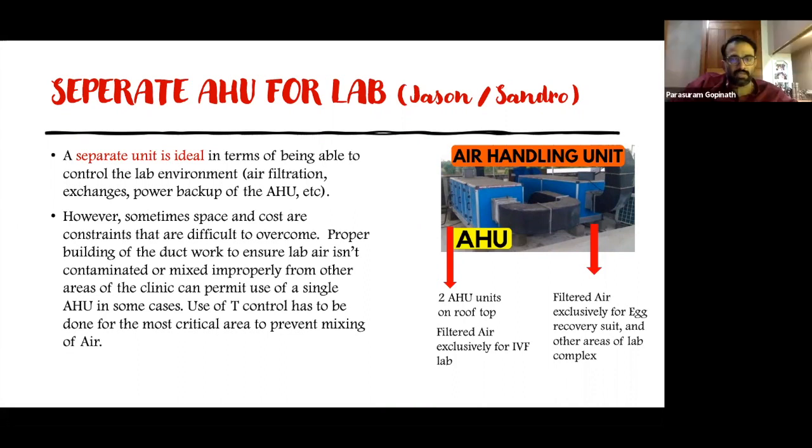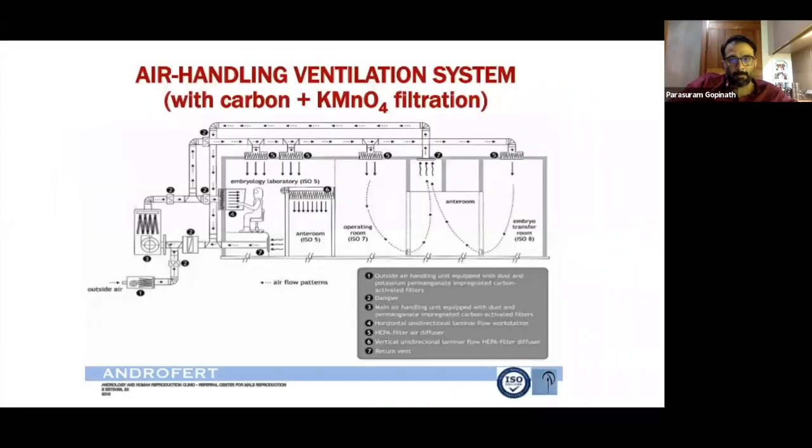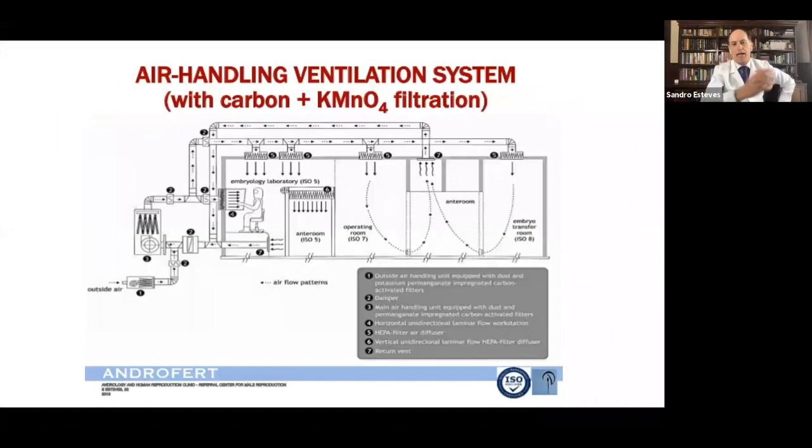Sandros, you want to add something? Yeah, I mean, our lab is like that. We have designed it with a single air handling unit, in which we have about 25% air coming from outside and 75% recirculated air.